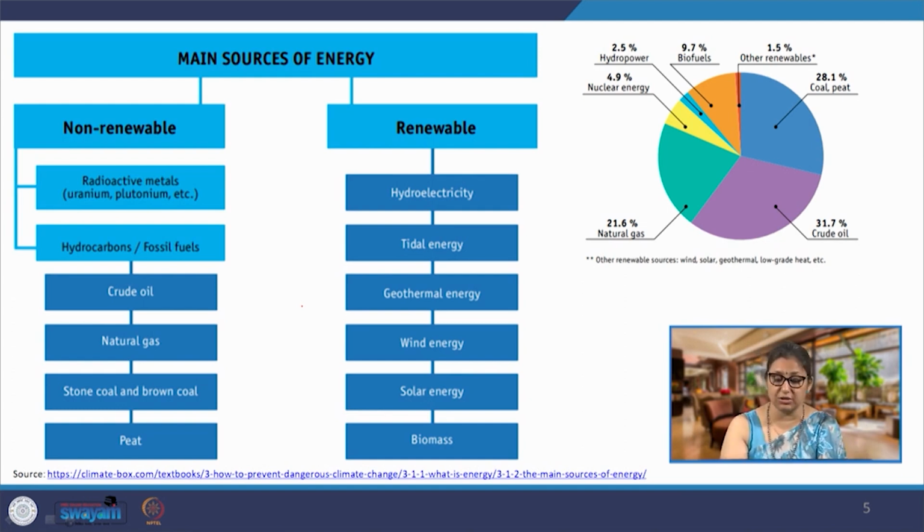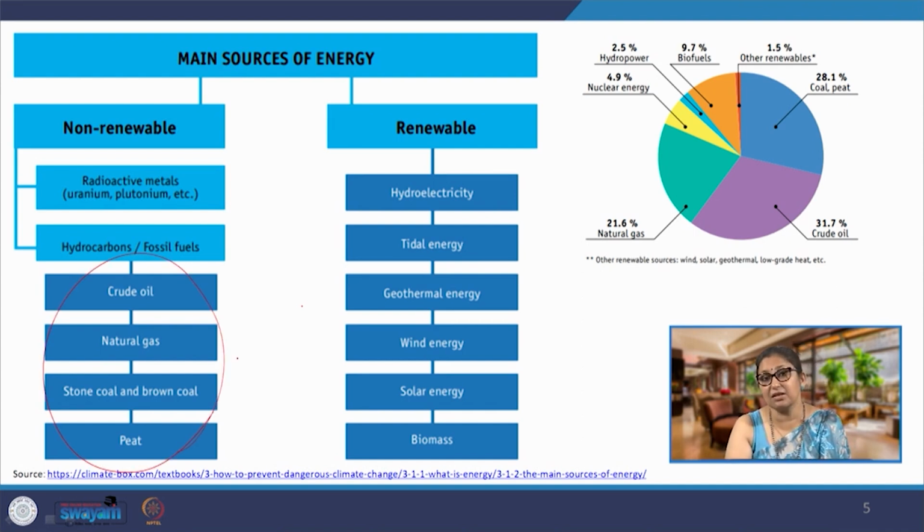So, that is non-renewable, and the renewable is the one where even after producing energy using this particular resource, the resource remains more or less intact, or it can be replenished by the nature in a very short span of time. So, when we say non-renewable, we are looking at radioactive materials there, but the common understanding and the predominant non-renewable source of energy that we are currently using, the world is at large using, is the hydrocarbons or fossil fuels.